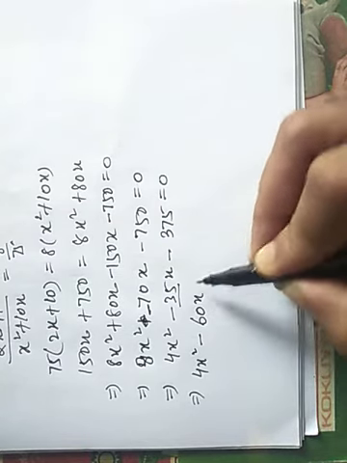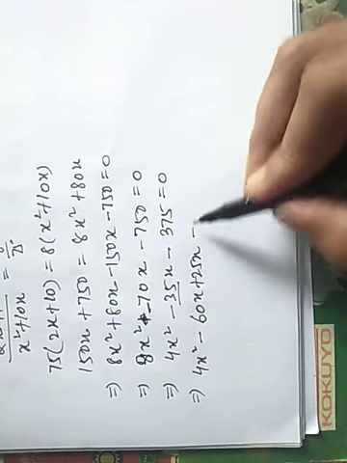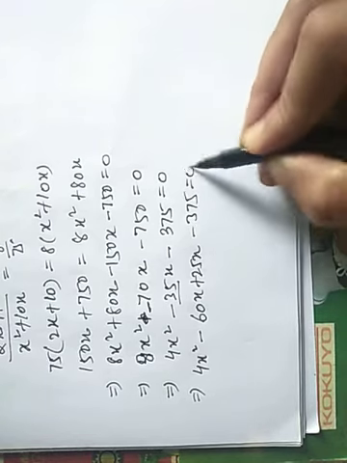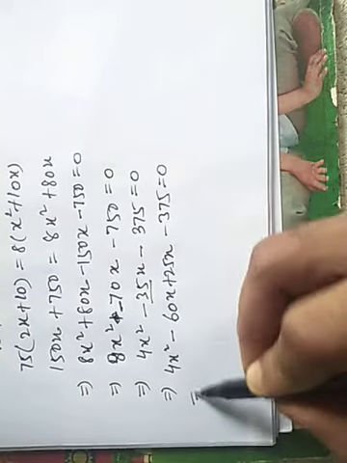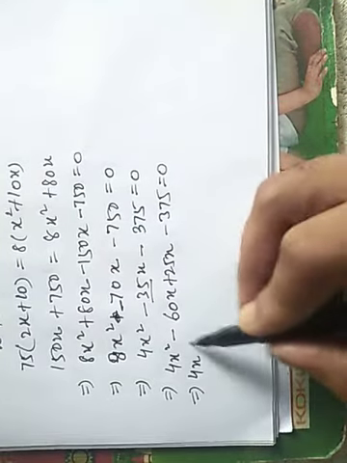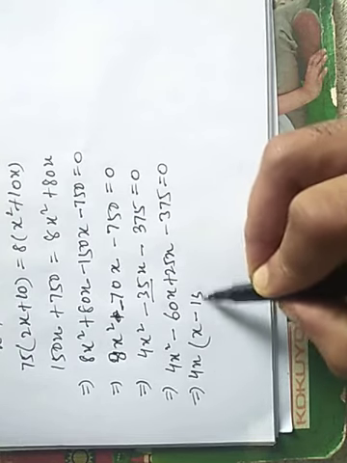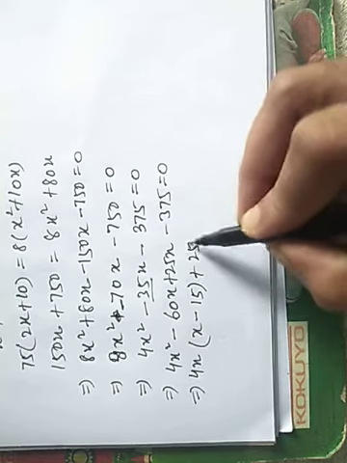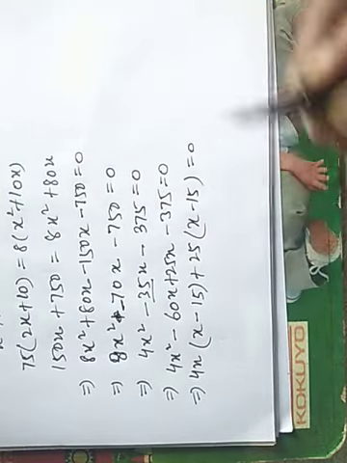So minus 60x plus 25x minus 375 is equal to 0. Now we can take 4x common from here. We will get x minus 15, plus 25 common from here. We will get x minus 15 is equal to 0.